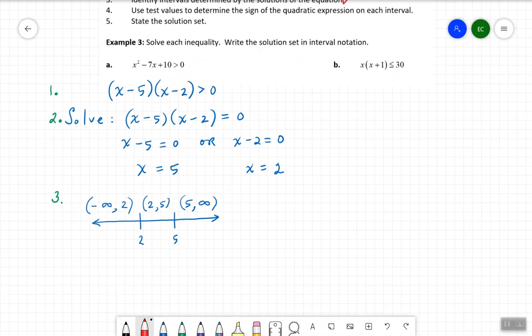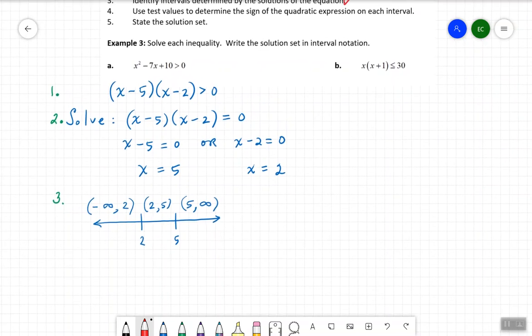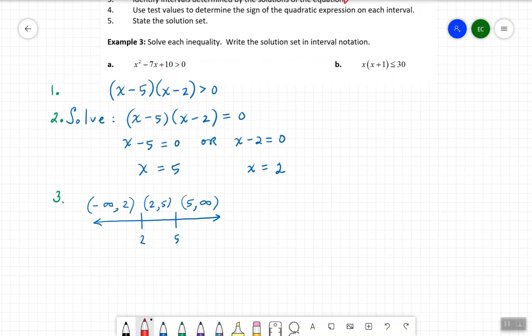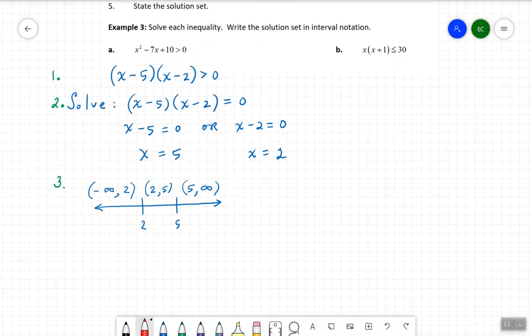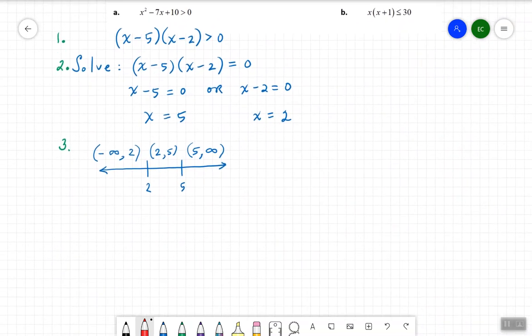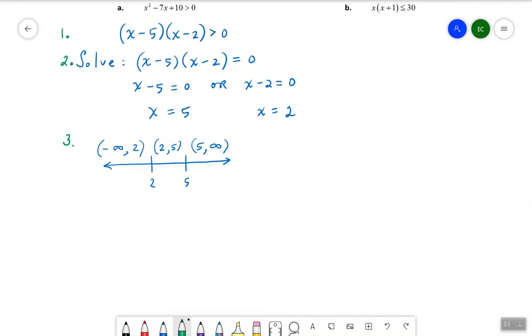Let's do step 4. Let's use test values to determine the sign of the quadratic on each of these intervals. And so in step 4, what we're going to do is make a little table.